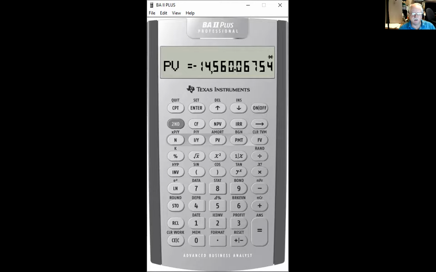Yeah, notice we put both the payment, and we can do both calculations. When we were doing it by hand, we had to do one calculation for the future value of the bond, and one calculation for the present value of the coupons. On the calculator, we can put them both in there. We only have to do one calculation.